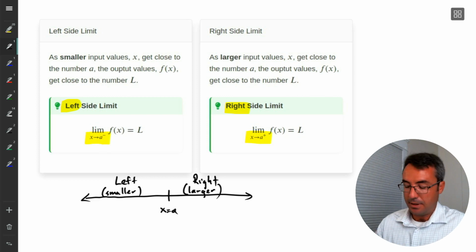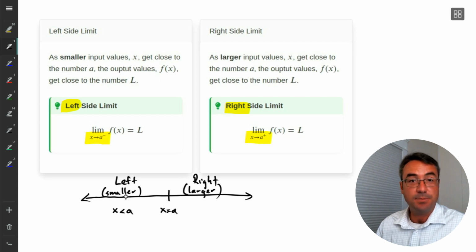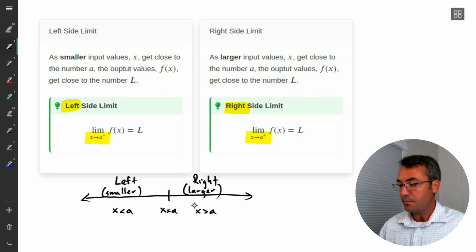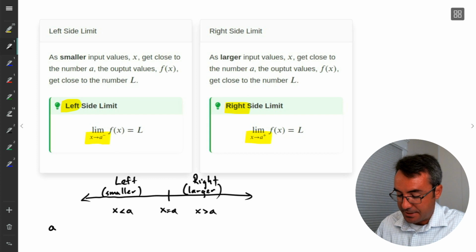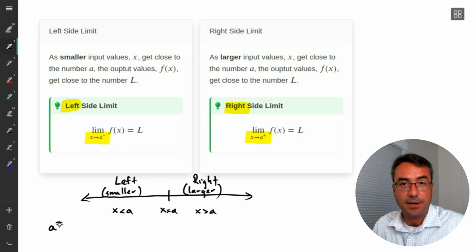And on the left side, this is where our input x is less than a, if it's smaller. And on the right side, this is where x is greater than a, it's bigger than a. So you can think of it as over here, the a with the superscript of a minus there. What does that mean?